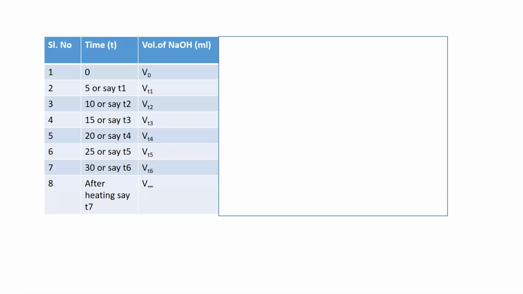That's why I'm designating them as some arbitrary time t1 to t6. Remember, this is the time you note down from the stopwatch when the last drop of HCl is getting transferred. So you get these readings from the burette, V0, then VT1 to VT6, and finally after heating the reaction mixture, when you perform the same steps, you get the reading which is V infinity.